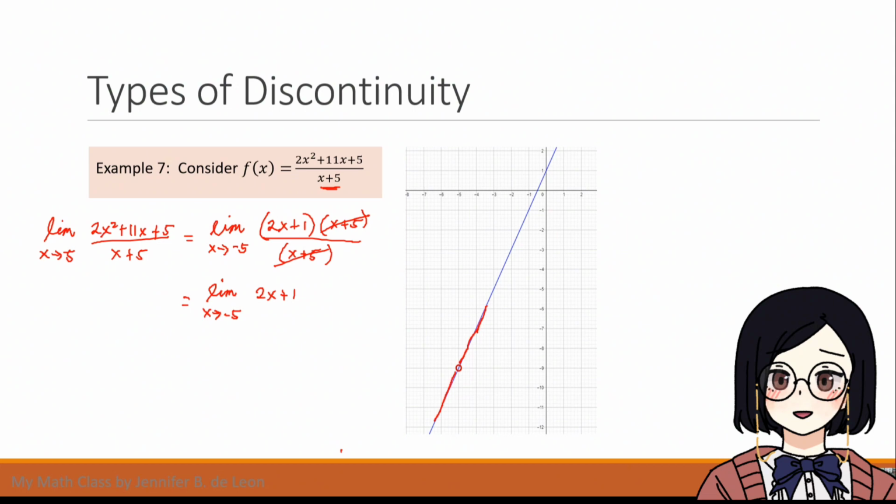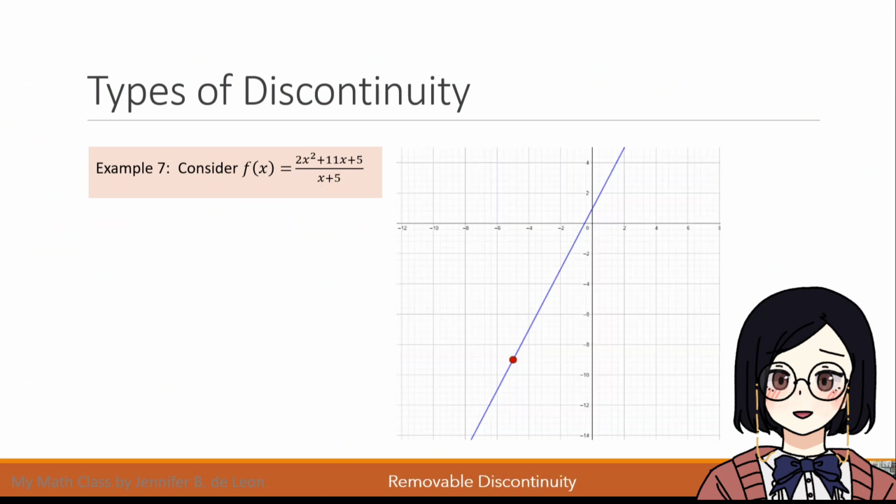Thus, we redefine the function at the point where the function is discontinuous. So we will have a removable discontinuity in this case. Now, in order to redefine the function, we have to have the constant function negative 9 where x is equal to negative 5.